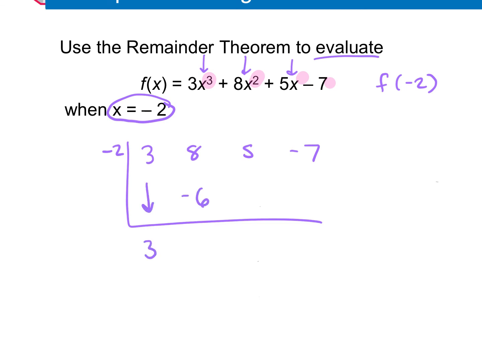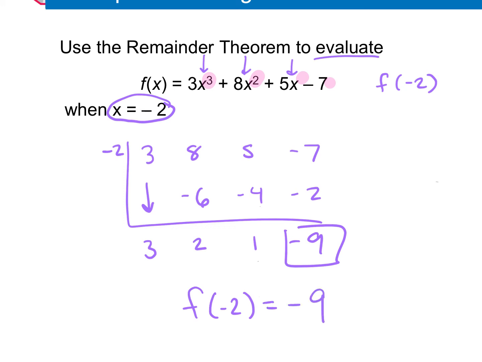Multiply. Add. Multiply. Add. Multiply. Add. So what's my remainder here? Negative 9. So f of negative 2, when I plug in negative 2 into my polynomial, I am going to get negative 9.